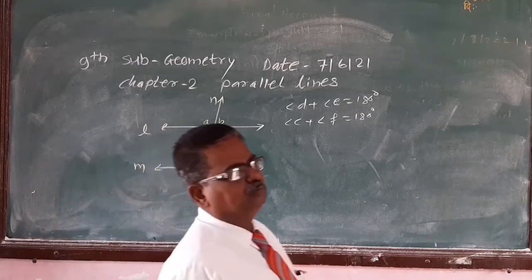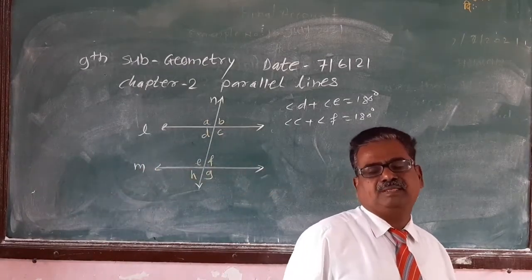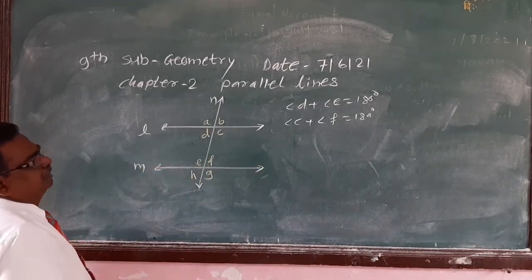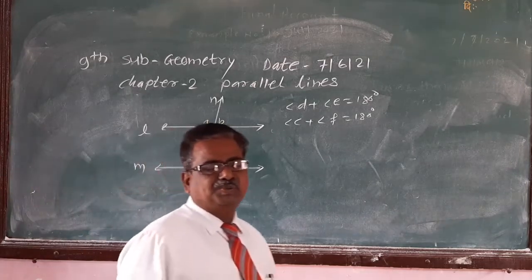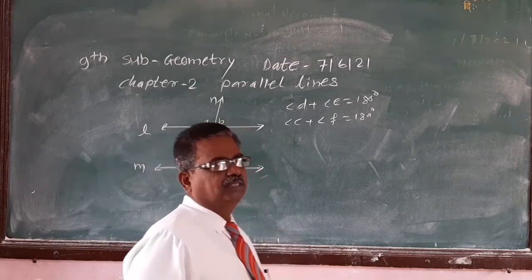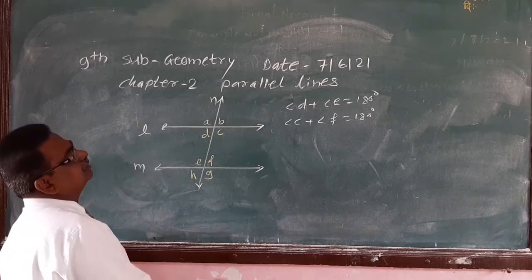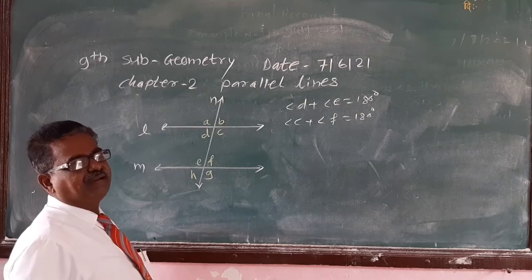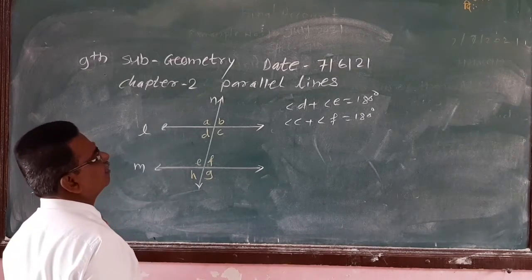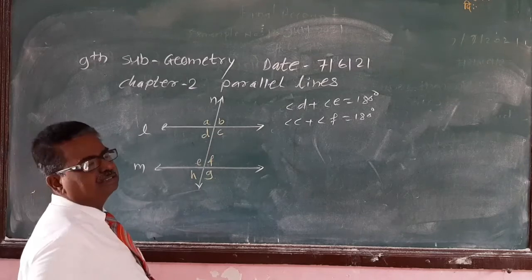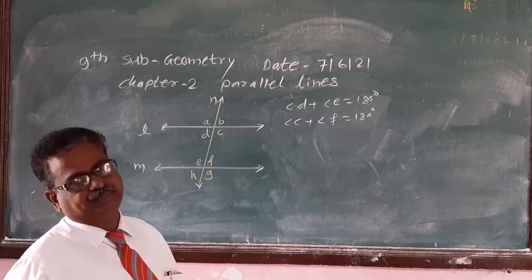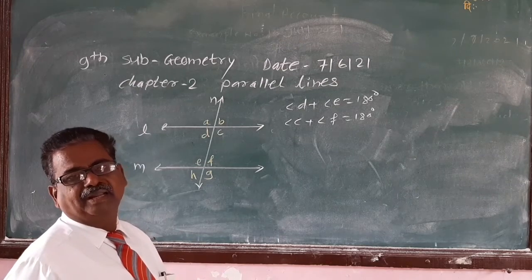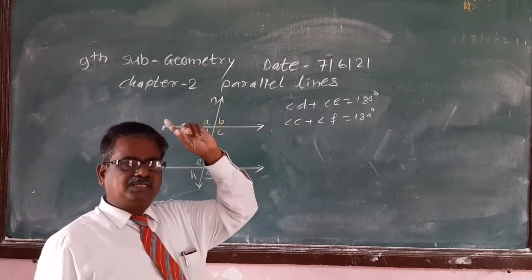We prove this by the indirect method, so we did not write it here. Euclid's postulate: if the sum of the two angles on one side of the transversal is less than 180, then the lines are not parallel because they intersect each other.